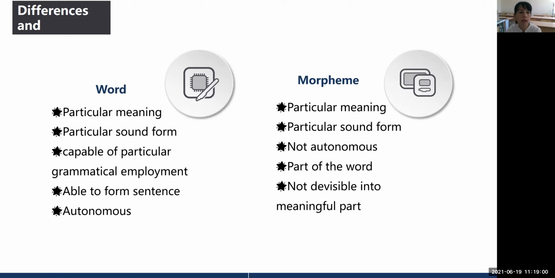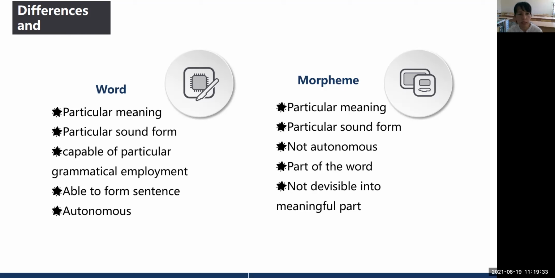Next, a word has a particular sound form. For example, the word board: the sound form is B, O, D, or in the American version, B-O-R-D. A morpheme also has a particular sound form, but a morpheme cannot be autonomous.